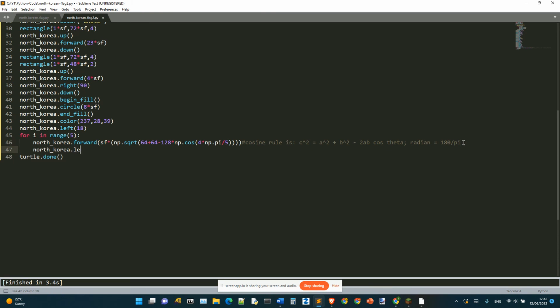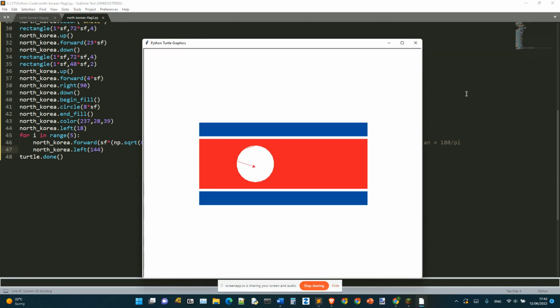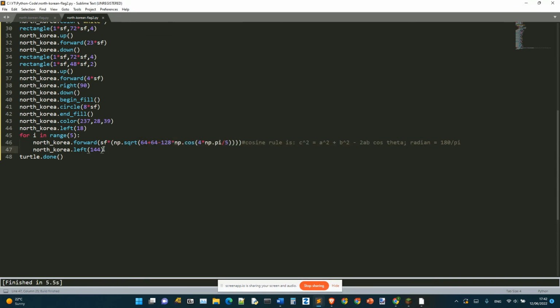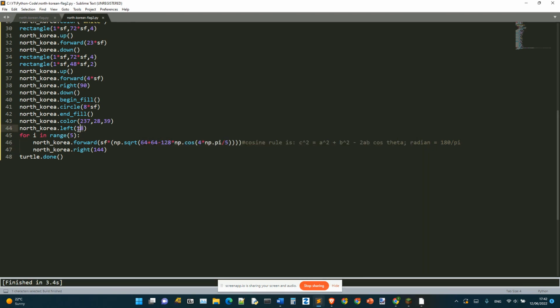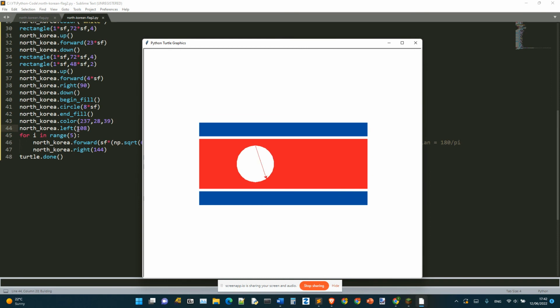North Korea dot left by 144. Oh, so we went the wrong way. Right, 144 doesn't help either. In fact, it doesn't even help until we change this to 108 instead of just 18. And we forgot to fill.